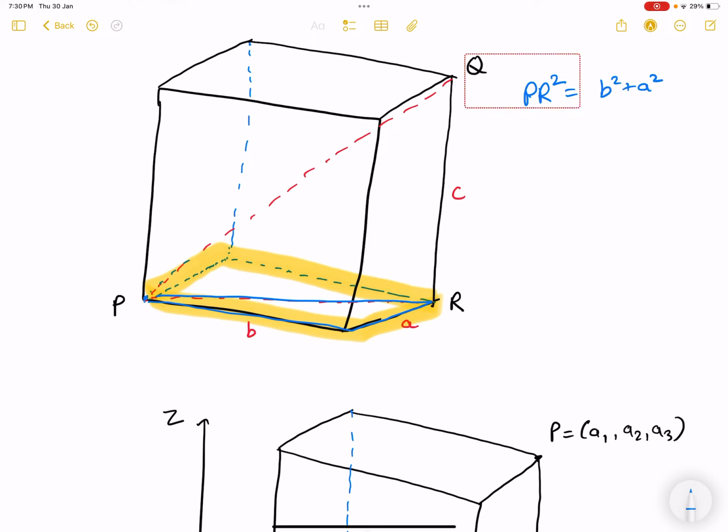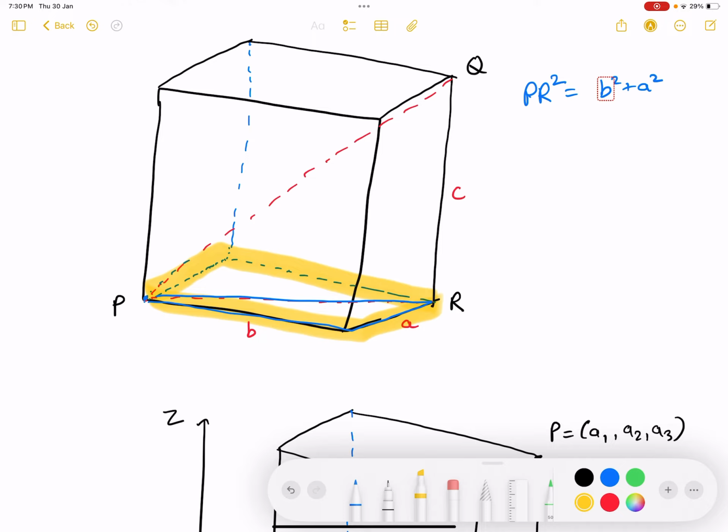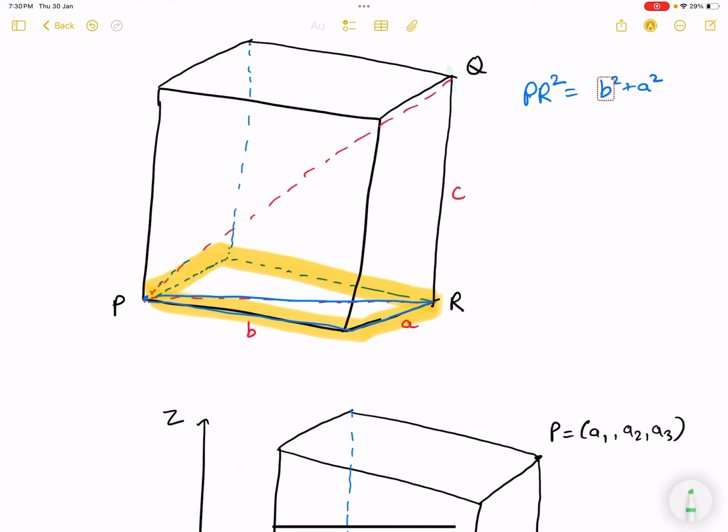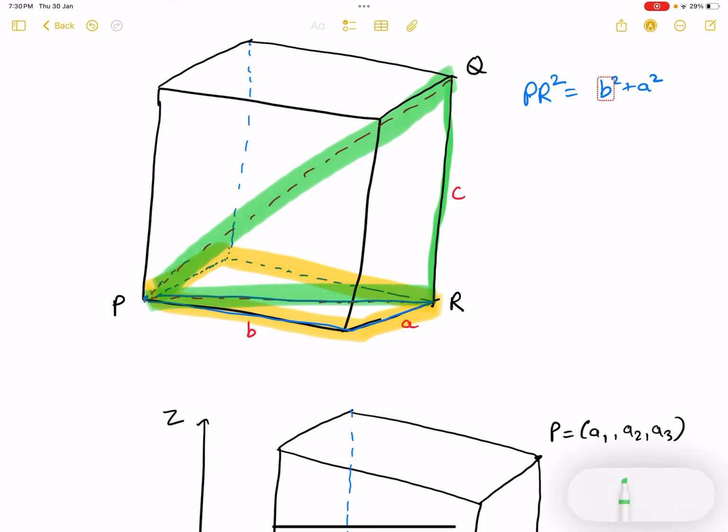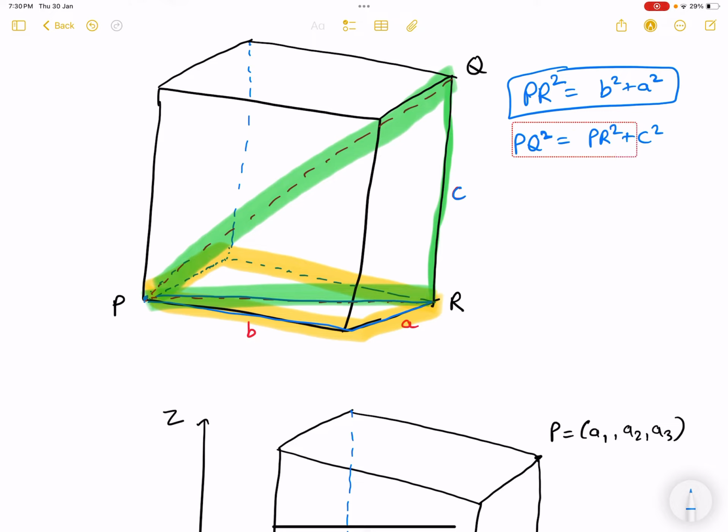Now we have got this, and looking at this triangle, the covered area in green, using the Pythagoras theorem again, we know PQ square, so the diagonal is PQ square, equals PR square plus C square, the height being C. Since we have already found using the Pythagoras theorem that PR square equals this, PQ square becomes B square plus A square plus C square, which is the same thing as A square plus B square plus C square.